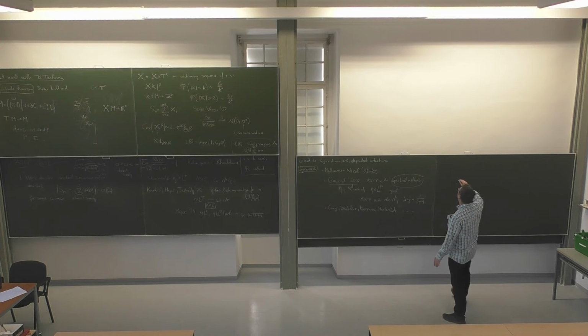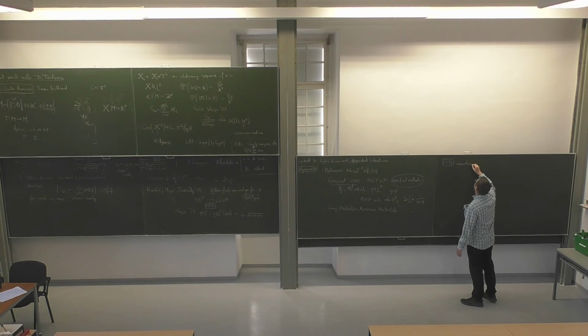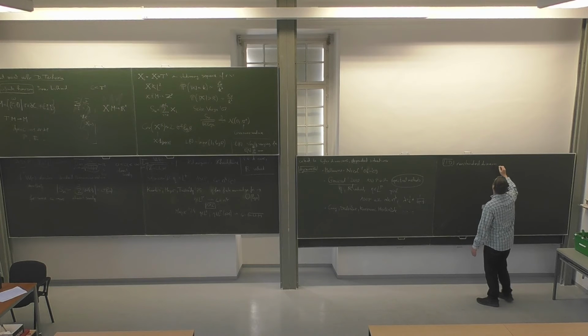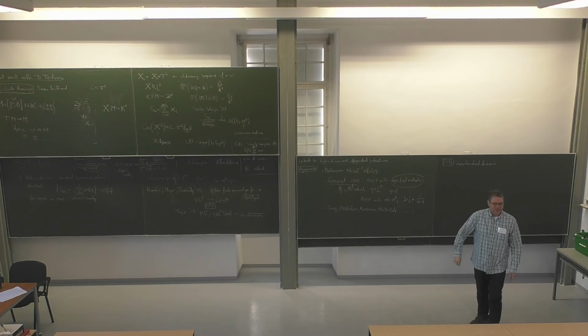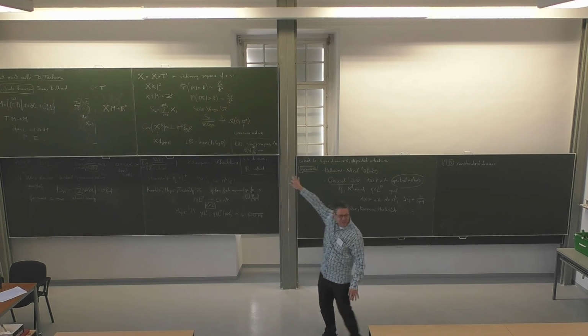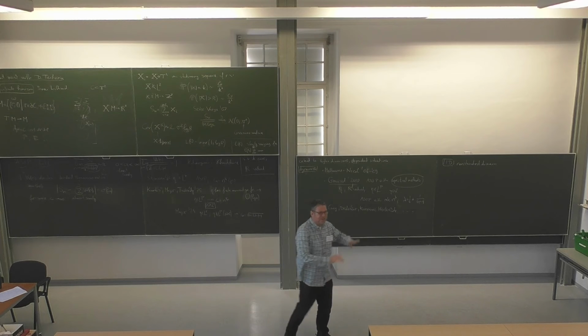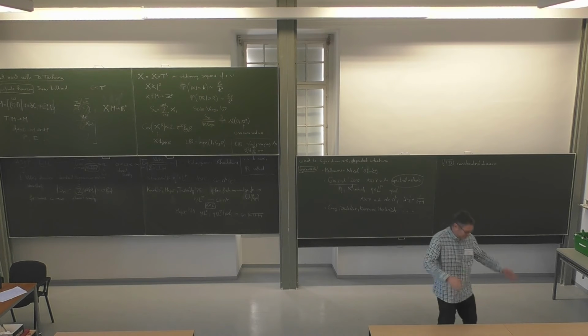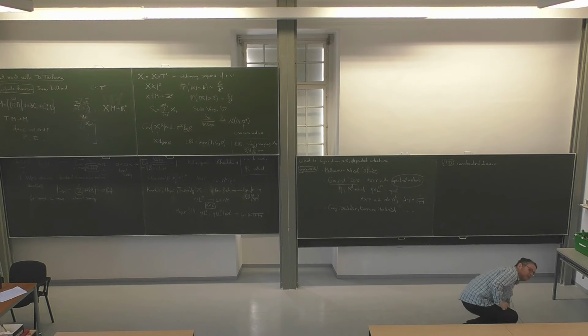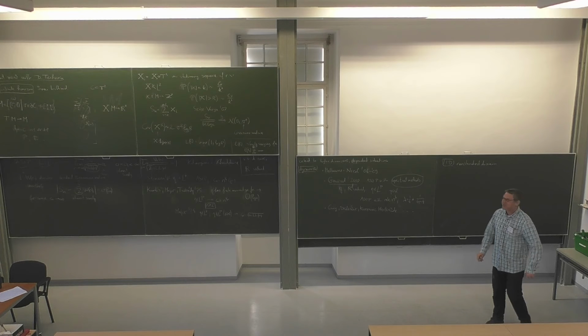But let me go to IID with non-standard domain of attraction, right? So we are in the case of the Lorentz case. So think of exactly the same situation. It could be somewhat more general, but for the moment, assume this, right?